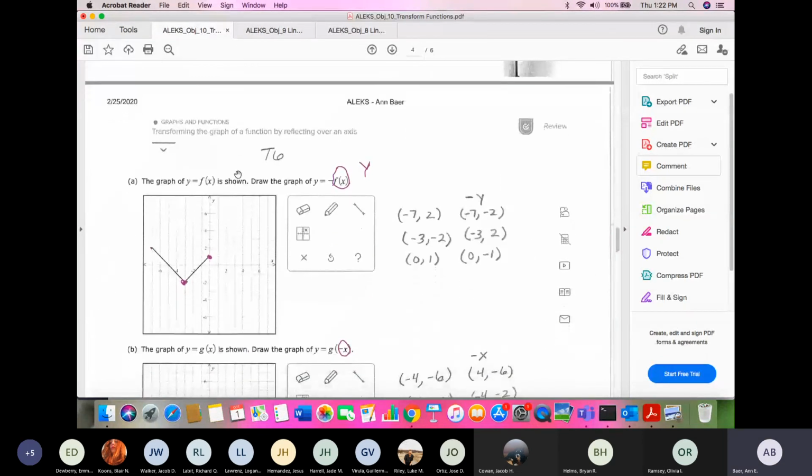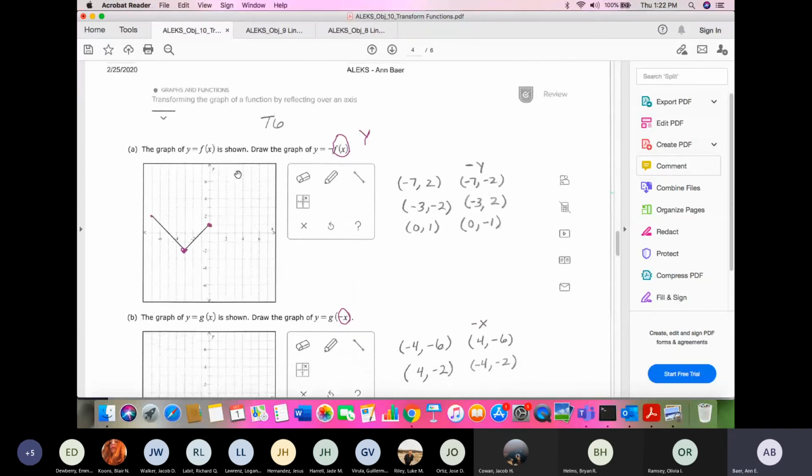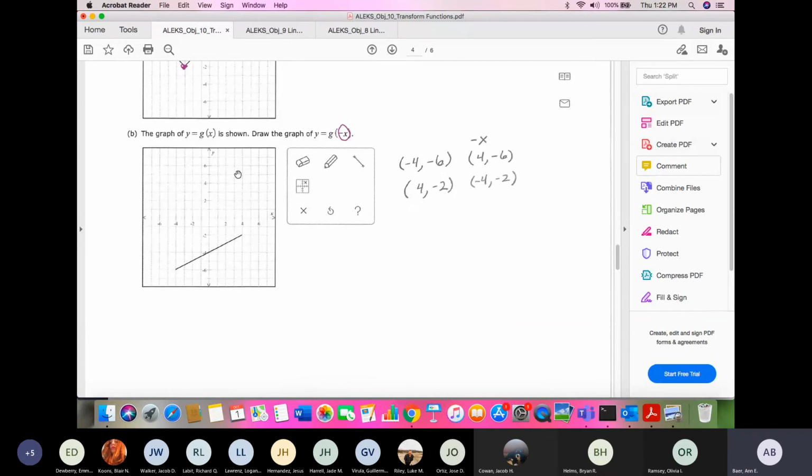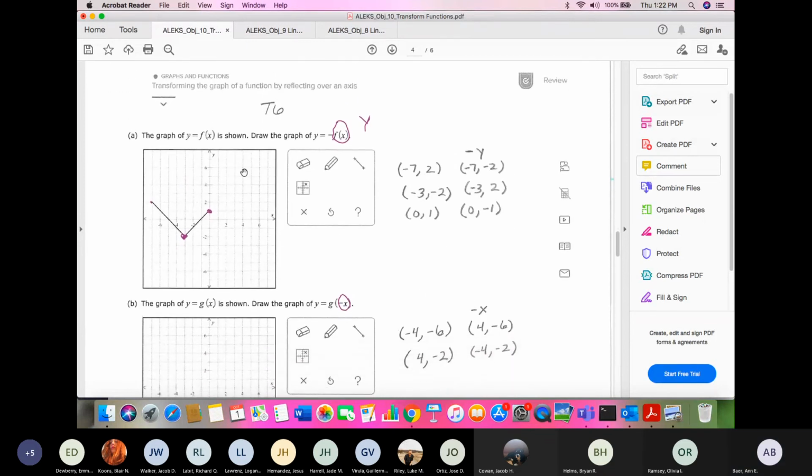Let's take a look at a couple problems. Actually, it's one question in Alex, but there are two problems within it. You will notice I looked for the negative sign in both of these, and I circled what was immediately after it.